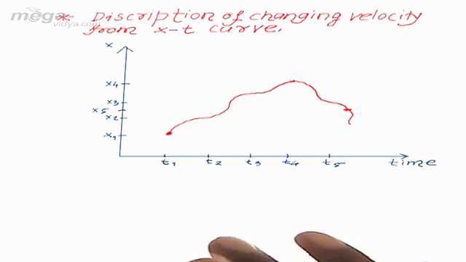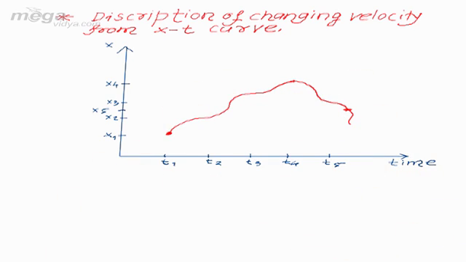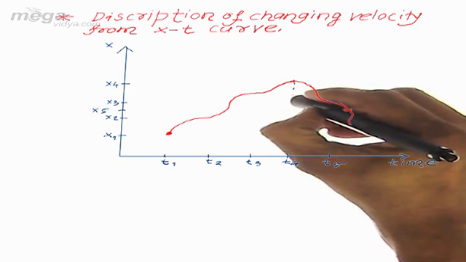So in a particular time interval, if I draw tangents at each point, those tangents may have different angles with the time axis, meaning different velocities. How can we see in what way the velocity of the particle is changing? For this conclusion, we will do something like this.